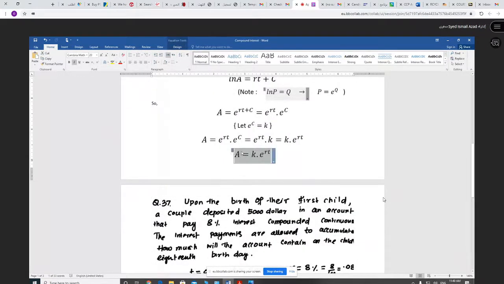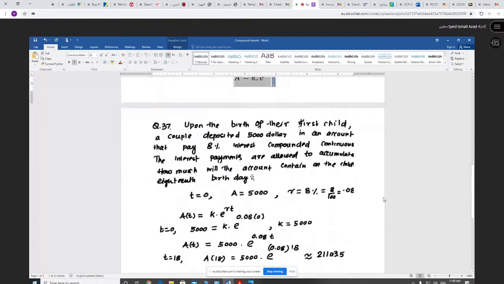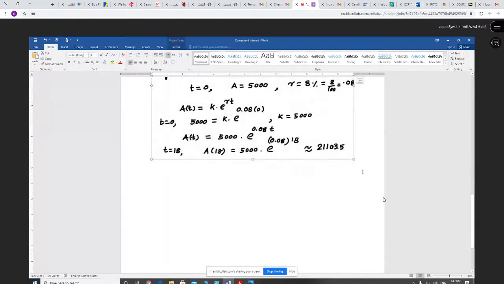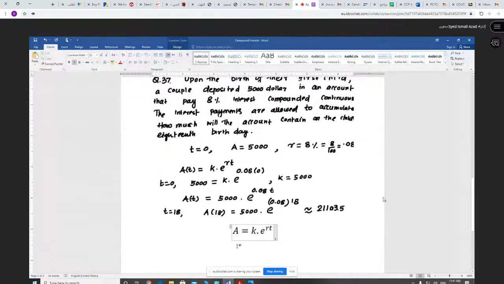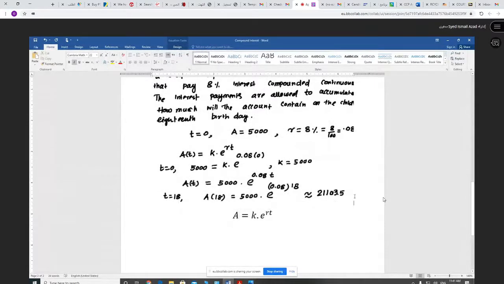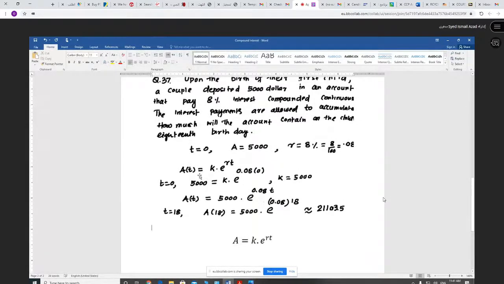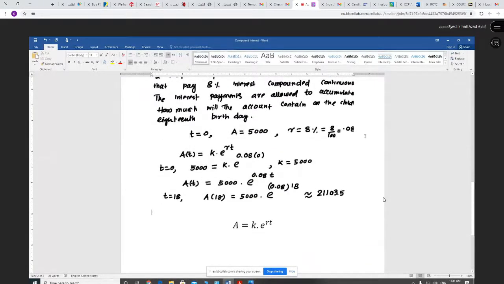Let me write it down, the substitution. Otherwise, I will have to go again and again to the formula. Now, this is the rule. I have these values, so let me substitute in this formula. The amount originally at time 0 is 5,000.